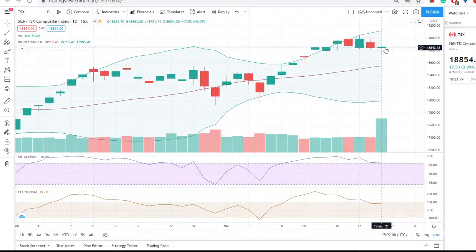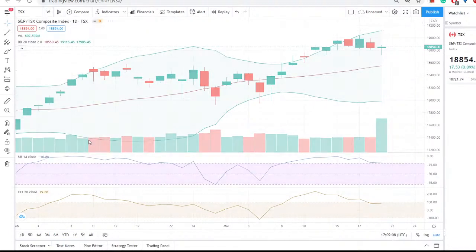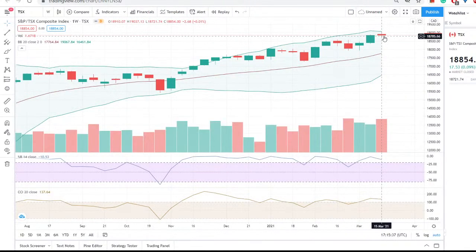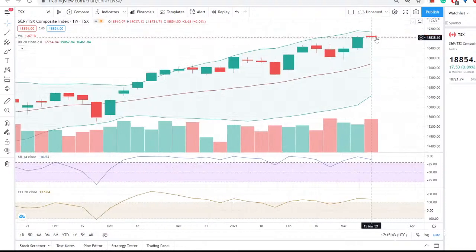It can be either green or red. But Tuesday, as you mentioned, we can expect it to be red. What about the TSX weekly chart? Yeah. It should be a doji. Exactly. It's a doji, a red doji on the weekly chart.